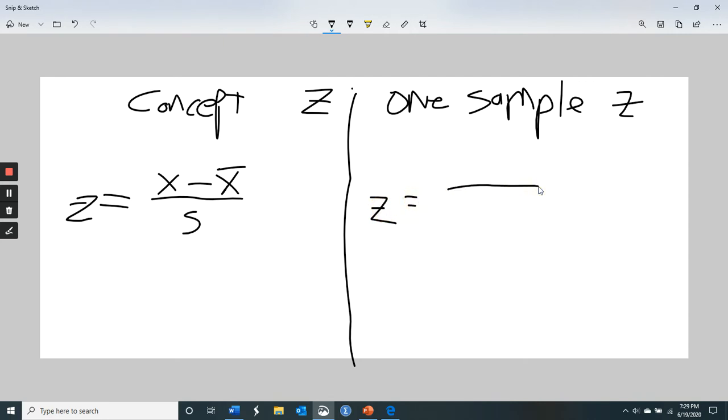And so the difference is it's going to say that there's a mean minus the mean of the population. So a sample mean and the mean of a population. This might seem a little bit confusing, but in essence what we're going to do is we're going to have the mean of a treatment group.